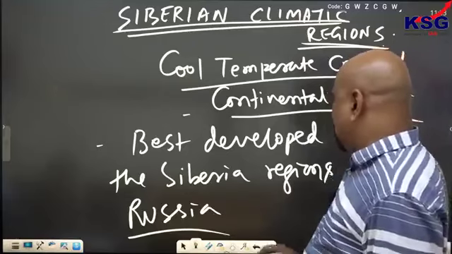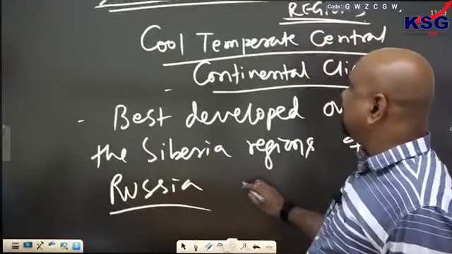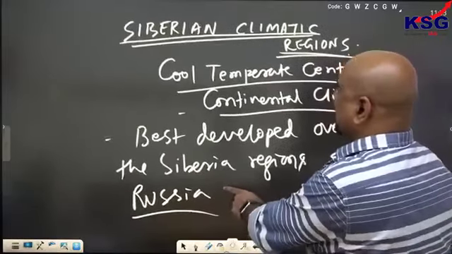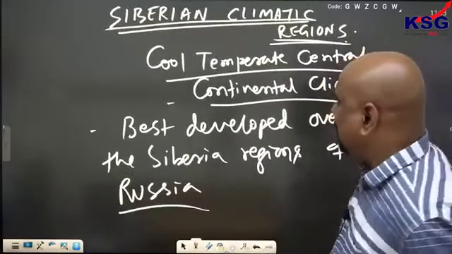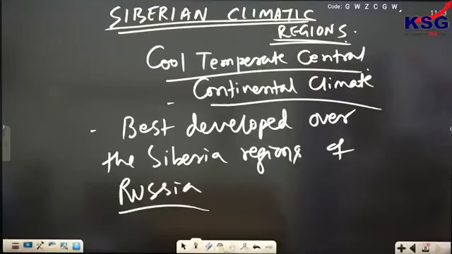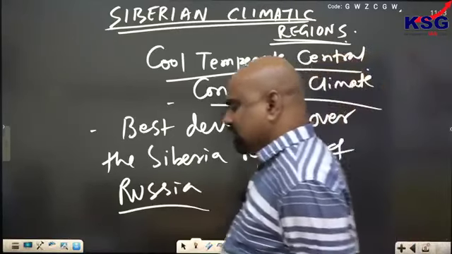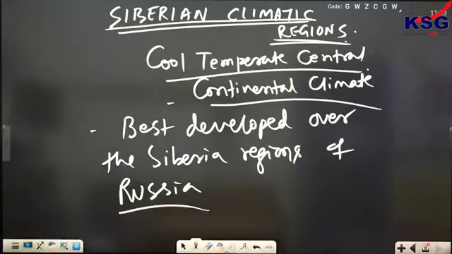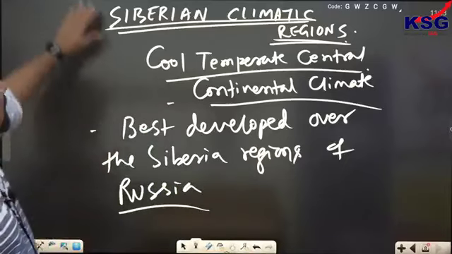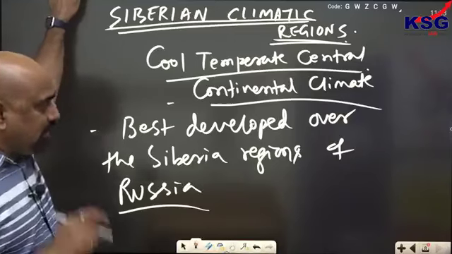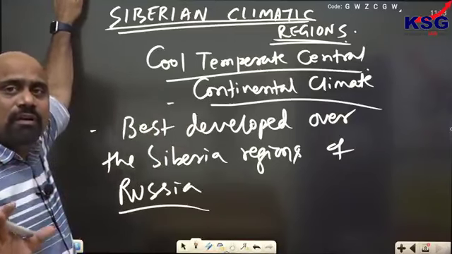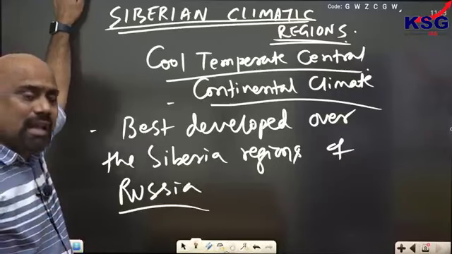As I said, cool, temperate, central continental climate, best developed over the Siberian regions of Russia. Now I'd like to say one thing about this Siberian climate: as I said about the continental climate, it has maximum continentality among all the climatic types.